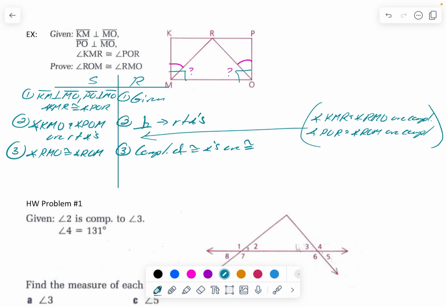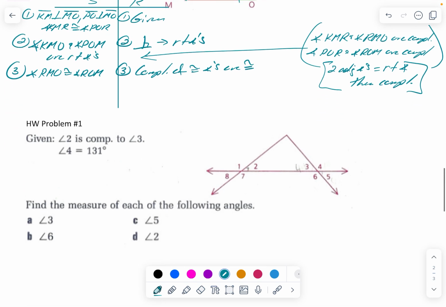And then this would be: if two adjacent angles equal a right angle, then they are complementary. So that could go in the middle there, but if we can see it from the picture, then we could go right to complements to talk about the complements.